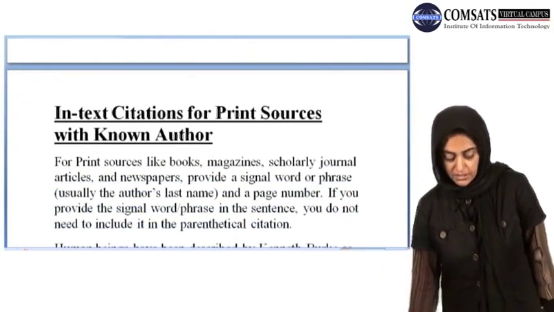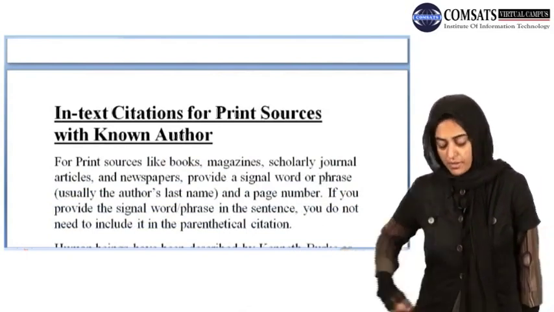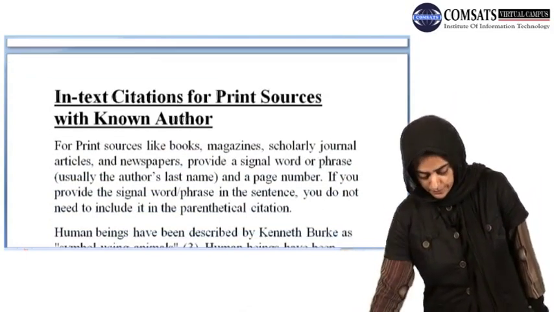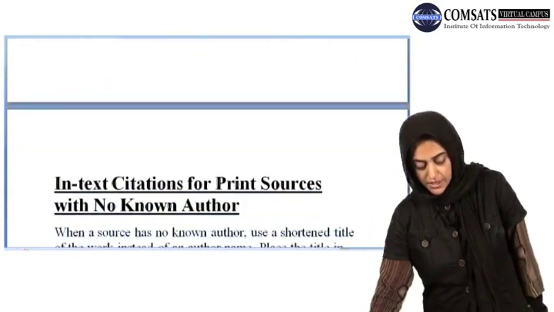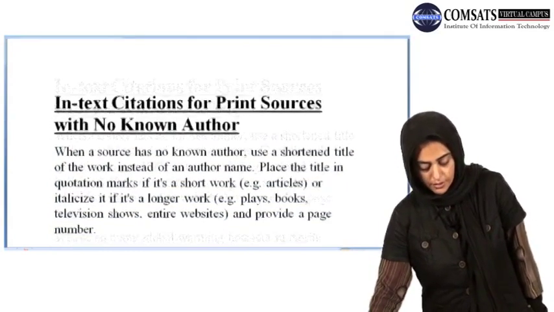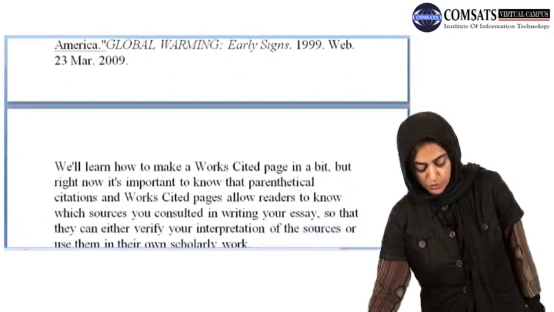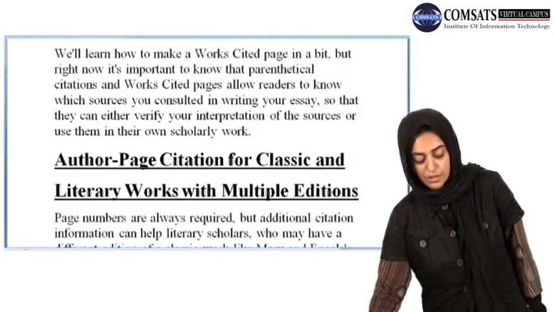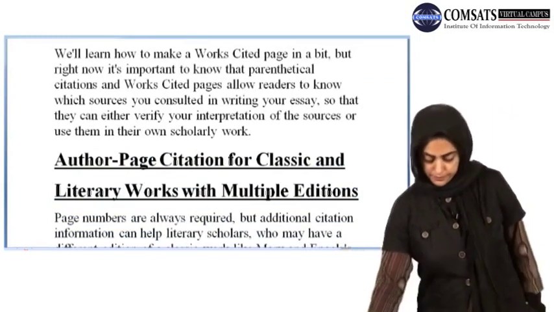Then, dear students, we discussed the in-text citations for print sources with known authors through MLA formatting style. After that, we discussed in-text citations for print sources with no known author, as you can see on the screen. Then we discussed author page citation for classic and literary works with multiple editions.